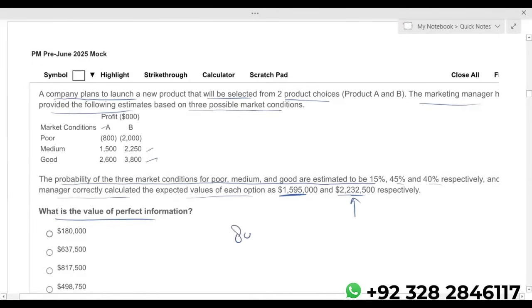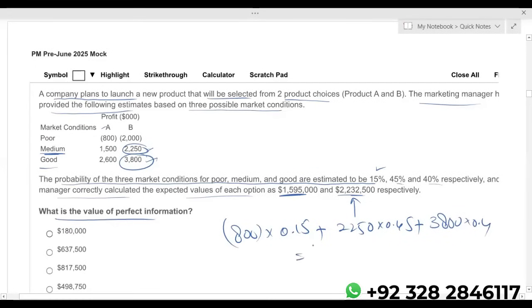So negative 800 into 0.15. If the market condition is medium, I'll go for B: 2250 into 0.45. If the market condition is good, I'll go for B: 3800 into 0.4. Let's see what expected value we will generate with perfect information.